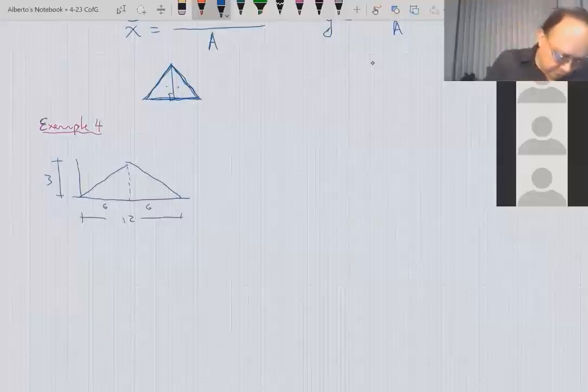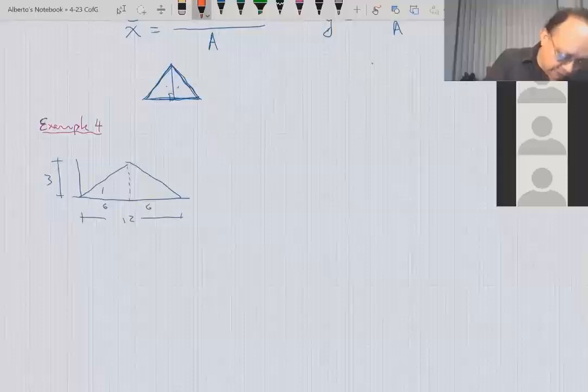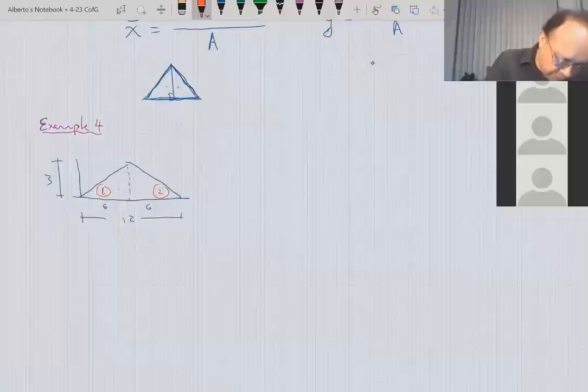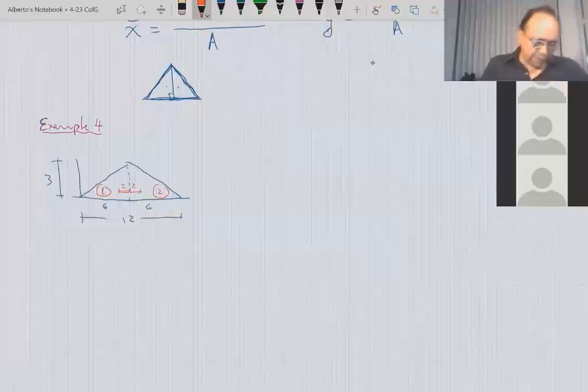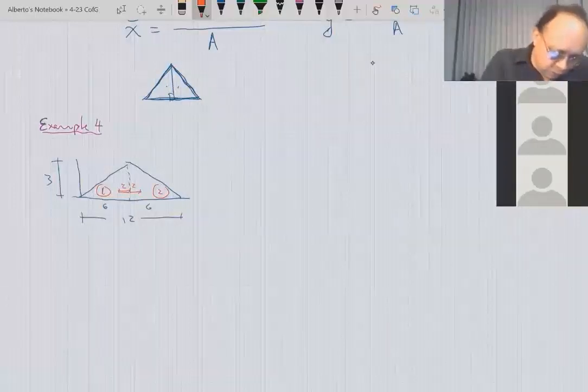In this case, this triangle, let's call it 1, and this 2. You know the location of the centroid of this triangle because we just found it. This distance is 1/3 of the base, and this distance is 1/3 of the base. In this case, this distance will be 2, and this will be 2, right? 1/3 of the base. So when you want to do that, you have to make this table.